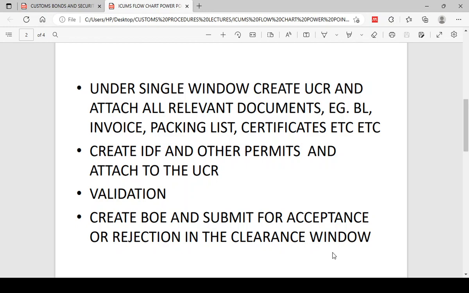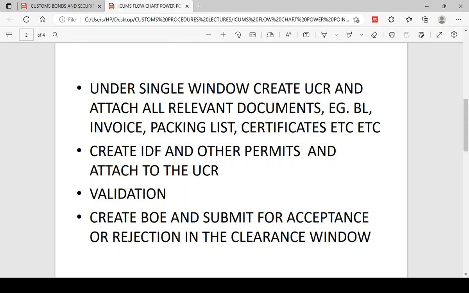If you open the ICOMS, the general home window is there. You log in, because we customs house agents who are using it are trained and given usernames and passwords. You log in and it opens, and all transactions, regardless of the regime you are doing, start with creating a UCR, a unique consignment reference number.